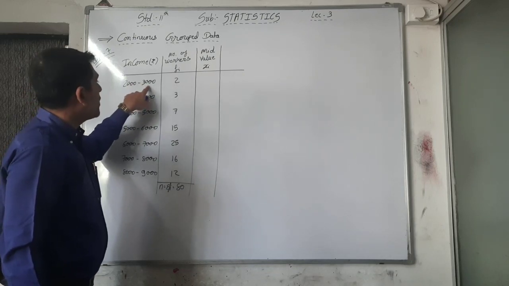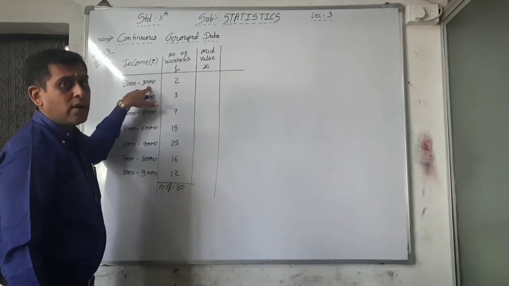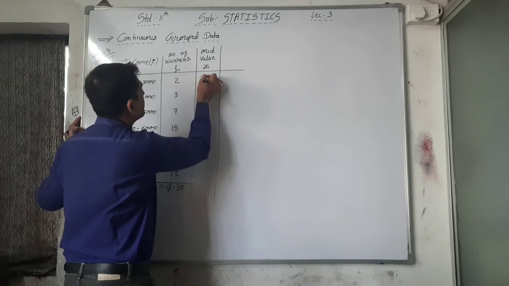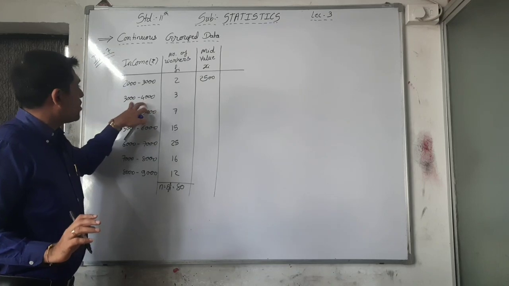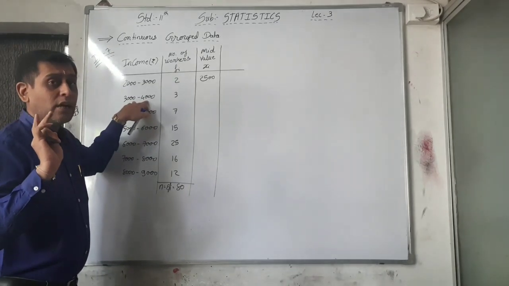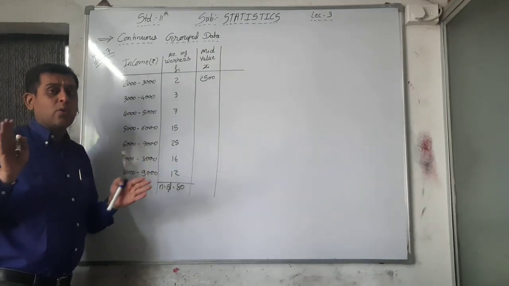So 2000 plus 3000, that is 5000, and 5000 divided by 2 is 2500. Now we can find like this, 3000 plus 4000, that is 7000, divided by 2, that is 3500. But it is a very long calculation.